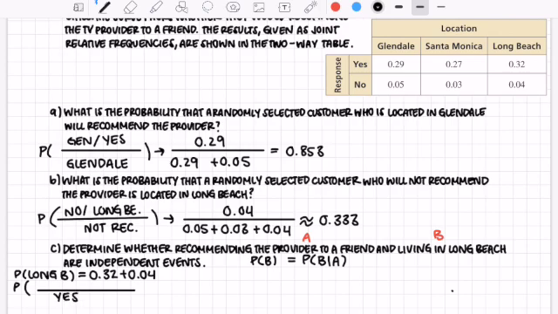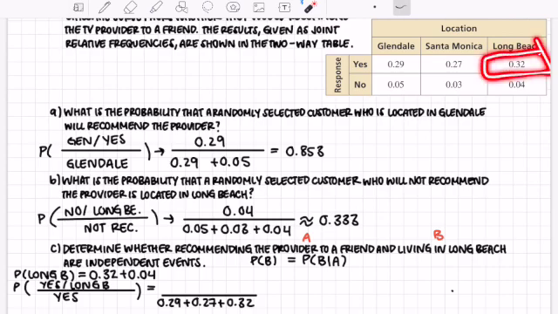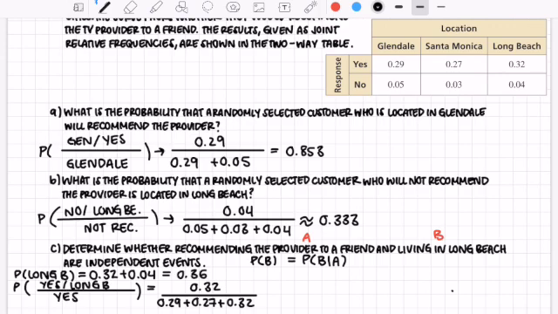Not only did they say yes, but they are also in Long Beach. So that formula would be yes, which was 0.29 plus 0.27 plus 0.32. And then they said yes and are living in Long Beach would be 0.32. Okay, so if I use the calculator, this would equal 0.36. This one equals 0.36 as well.